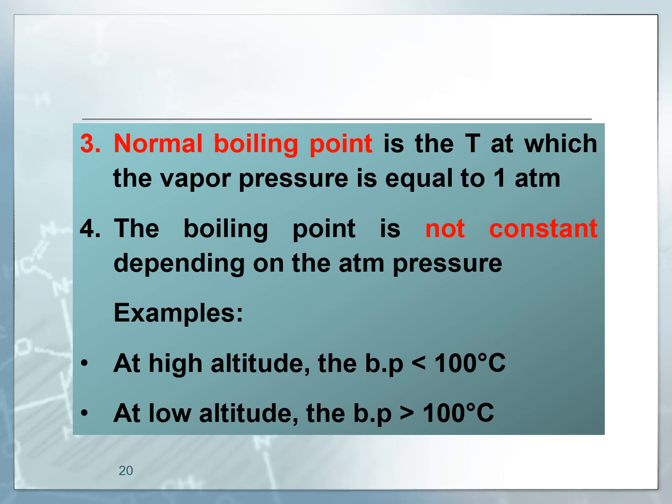The boiling point is not constant; it depends on the atmospheric pressure. Now, let's see the examples of water. First, at high altitude, the boiling point is below 100 degrees C. Second, at low altitude, the boiling point is above 100 degrees C.